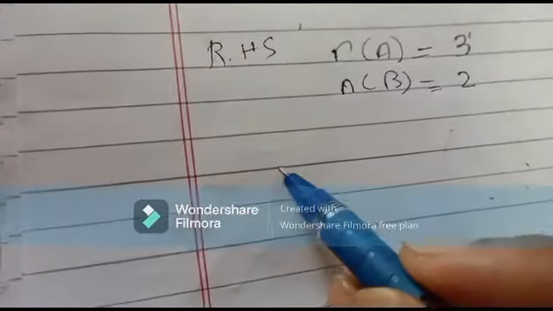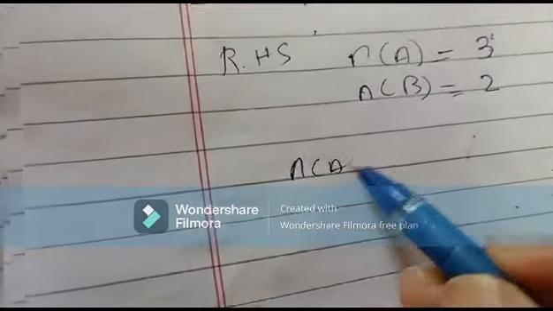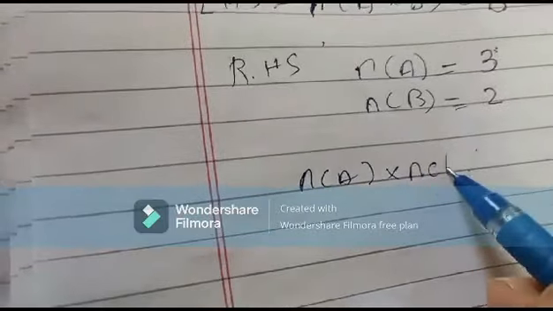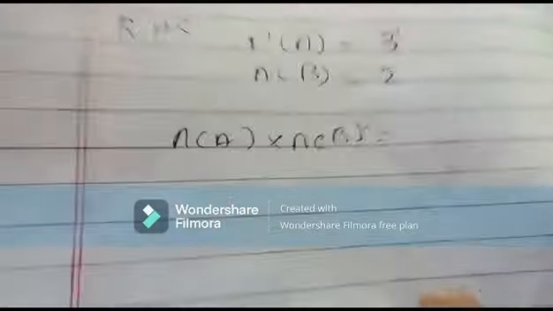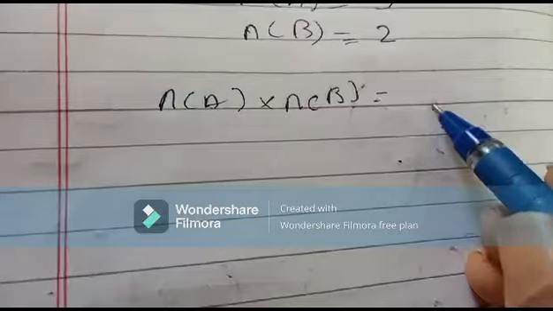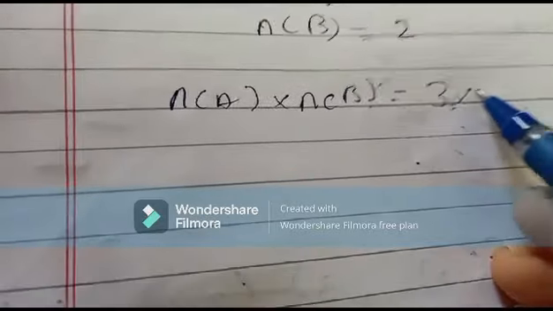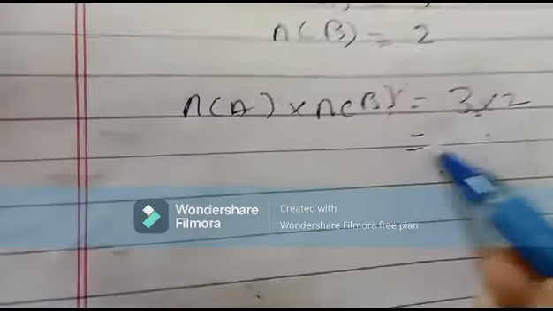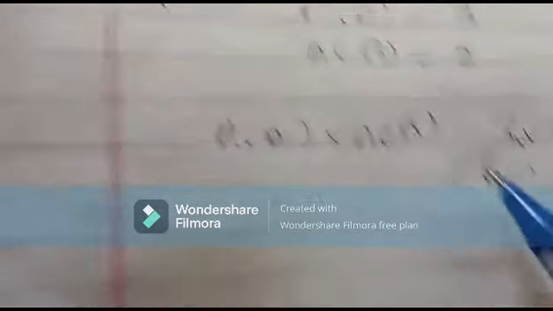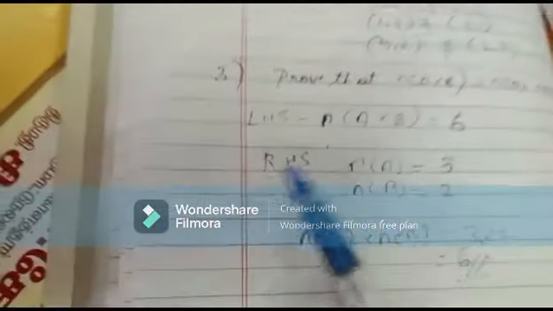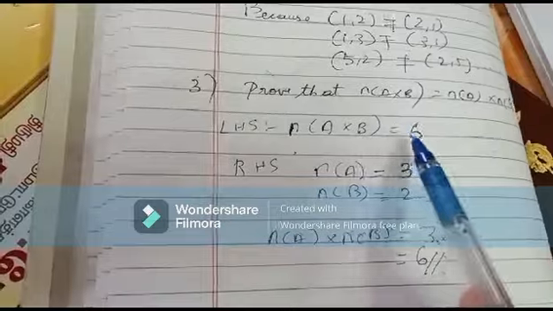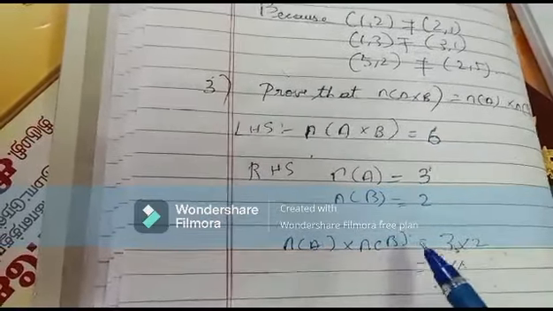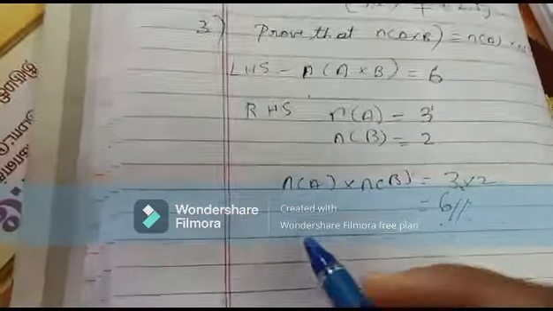So we have to multiply. n of A cross n of B is 3 into 2, right? 3 into 2 is 6. So now you see LHS is also 6, and RHS is also 6.